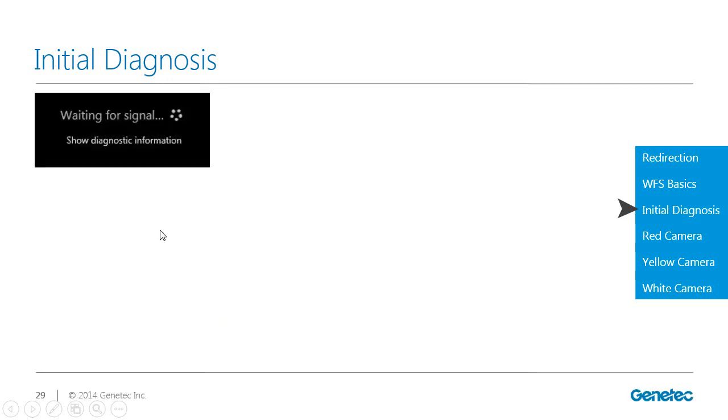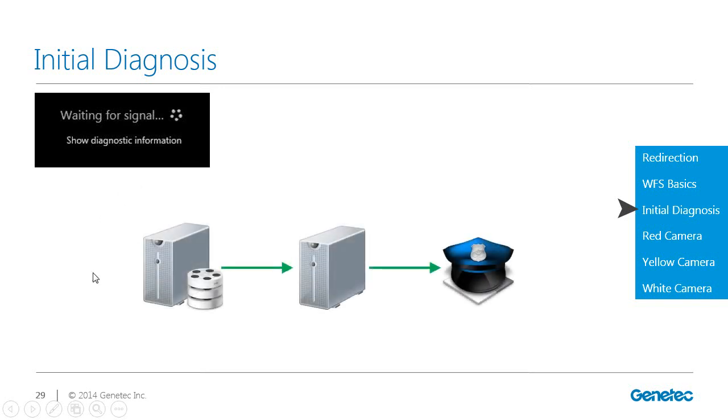Now our third message is just the basic waiting for signal with the show diagnostic information link below. Now when you see that message, there's usually a problem going from the archiver to its redirector, between redirectors, or from the last redirector to the workstation.